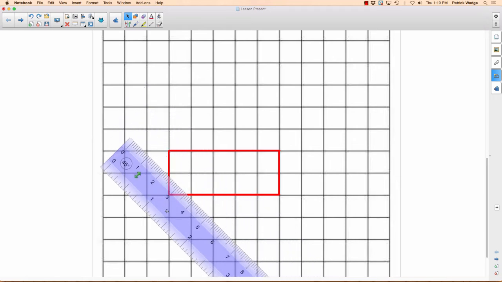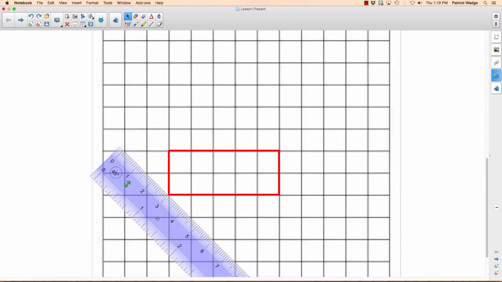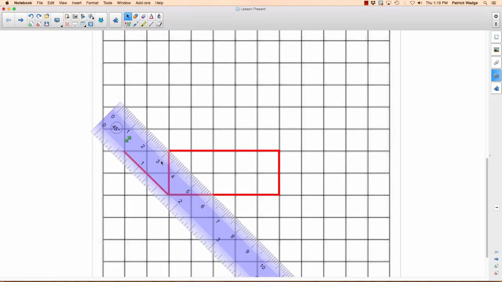And I want to go back 3. So if I put it on the 3, that means I would want to go back to here. And if I move this up and put the 3 here, I'd want to go back to about here. And that should be good.